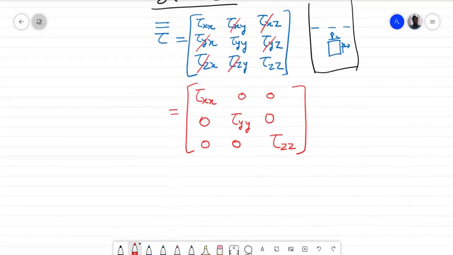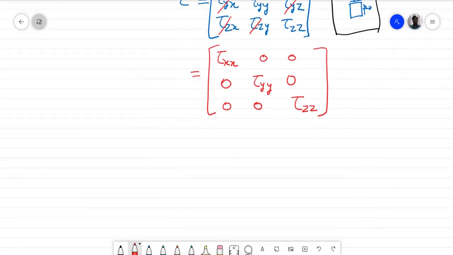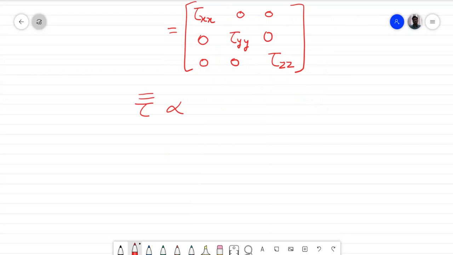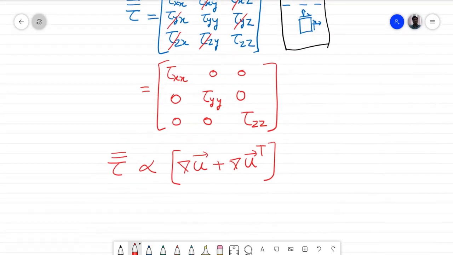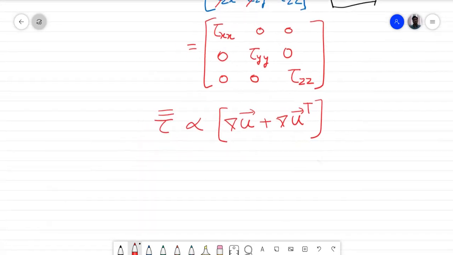In the last class, I told that stress tensor, it is proportional to del u plus del u transpose. So if there are no velocities, then all of these are zero. But there are additional forces on this element. So that we'll consider now.